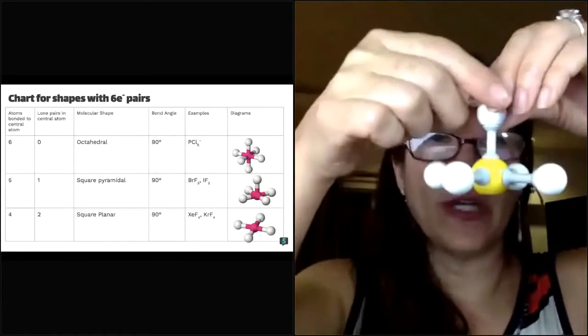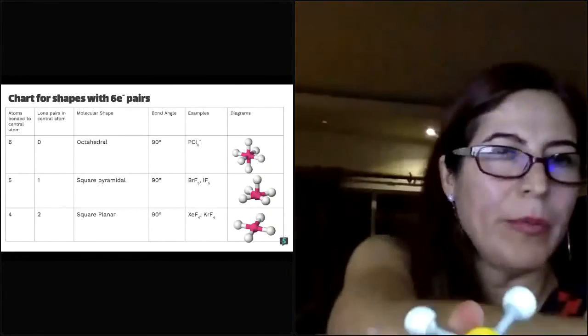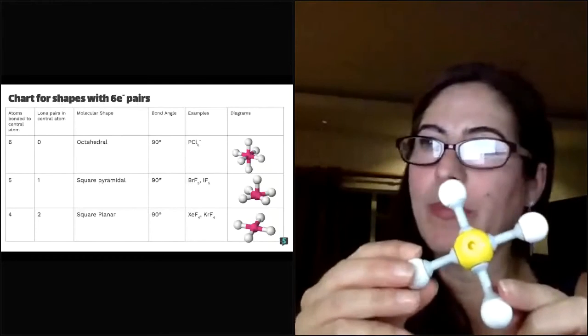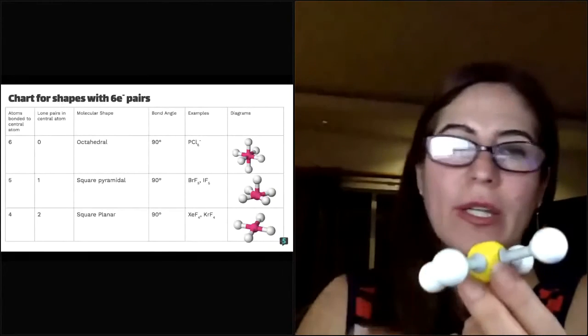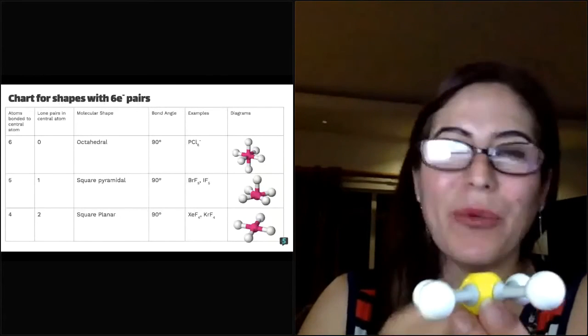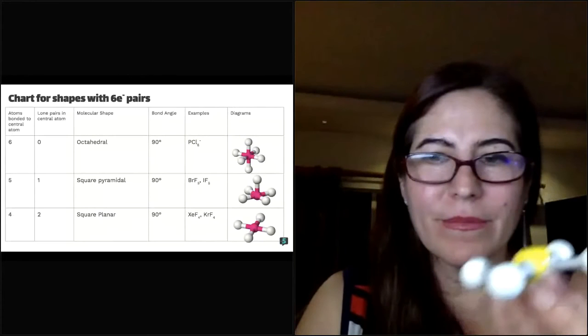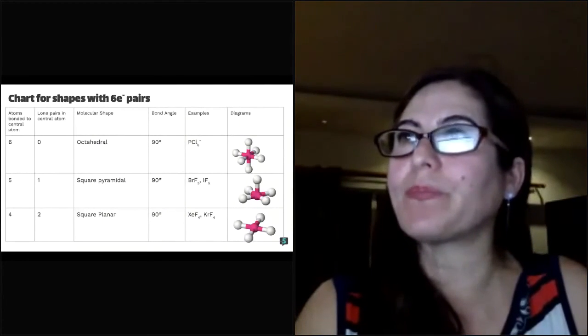And then the square planar would be if this one is a lone pair. So if we remove it from the model, square planar, and we can draw it like this. Any questions so far? Okay, we're going to move on.